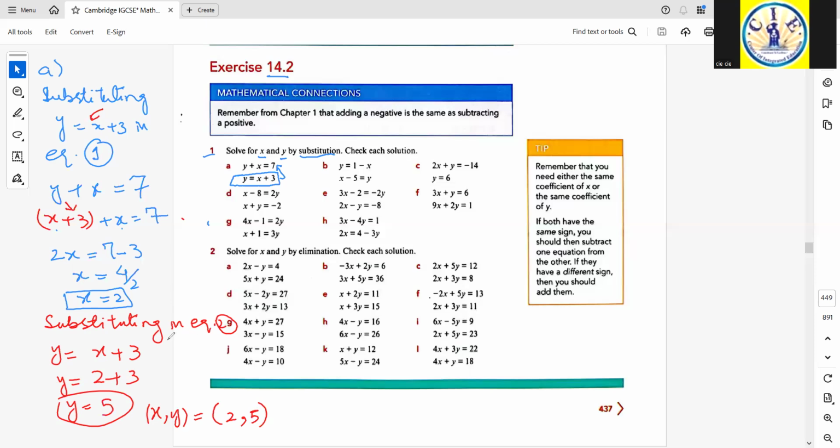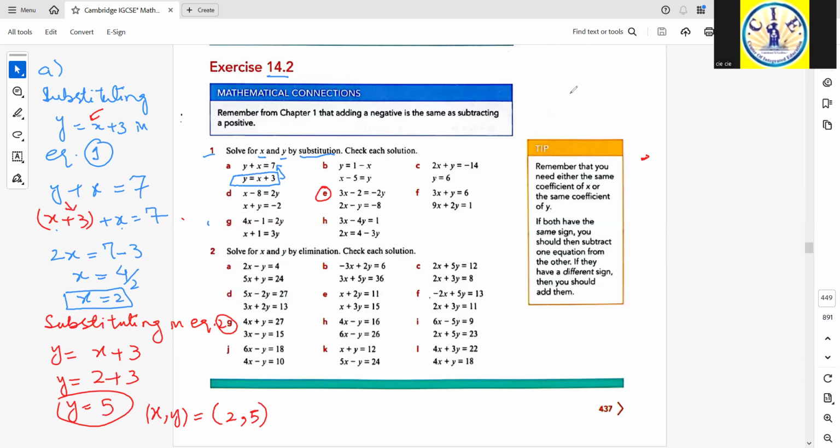Now, in the same way, we can have, for example, part E. If I solve it, you see, we can first of all rearrange equation number 2 to have the value of variable y.